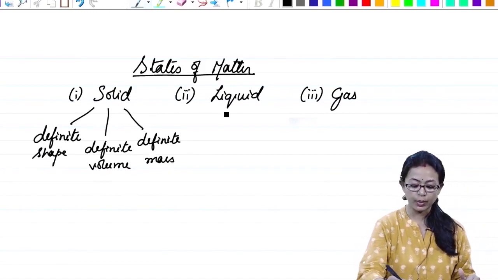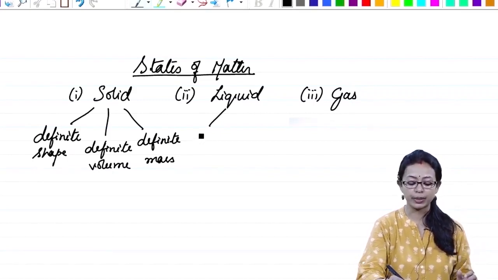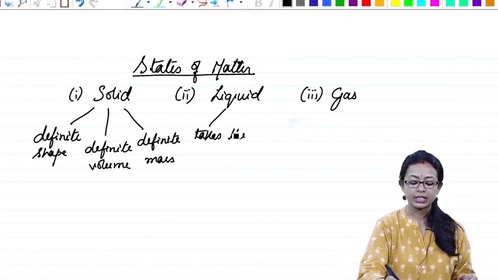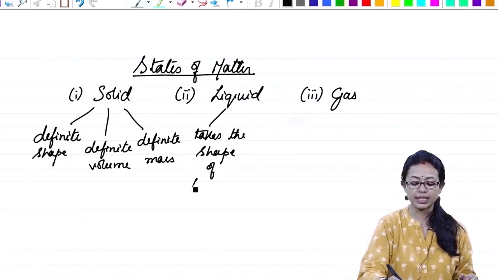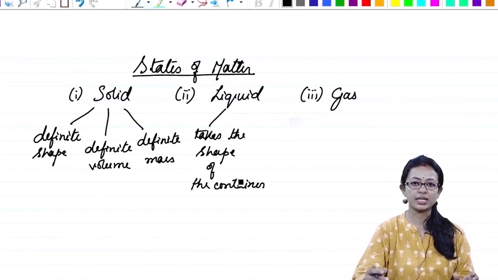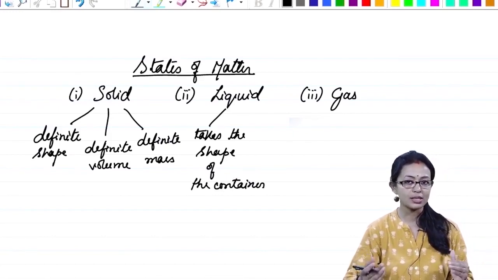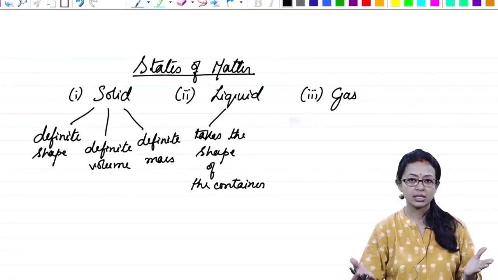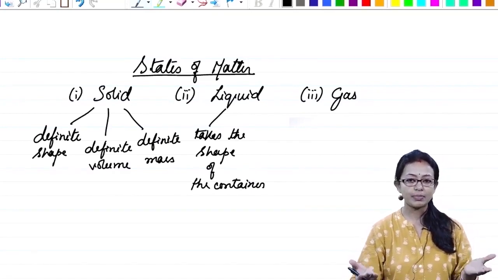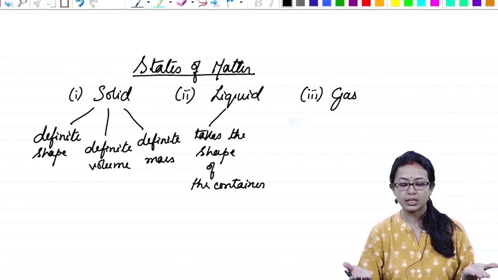When it comes to liquid, liquid has no definite shape. That means it takes the shape of the container. So in case of liquid, you would see that it does not have any shape. If you take it in a cylindrical glass, then it will take the shape of the cylinder. If you take it on a flat disc or a flat plate, then it will take the shape of the flat plate.